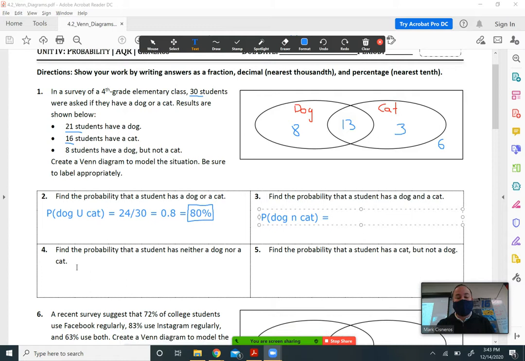How many students have a dog and a cat? 13. 13 out of 30. I'll let you guys figure out the decimal and percentage on your own. If the decimal is long, put it to 3 decimal places. So tell me what it is for 3 decimal places when you divide it.